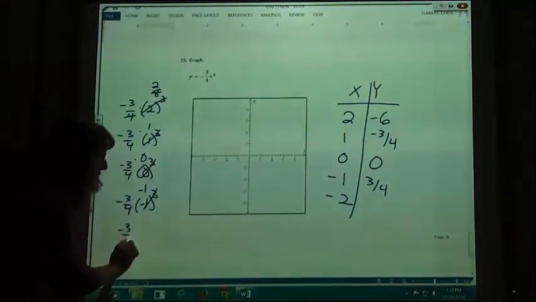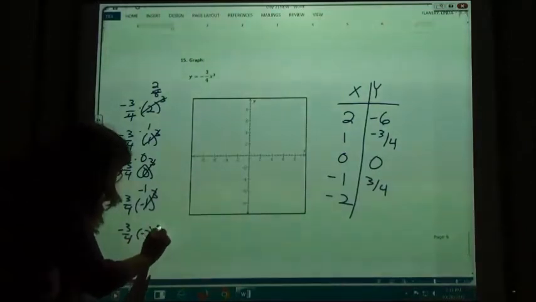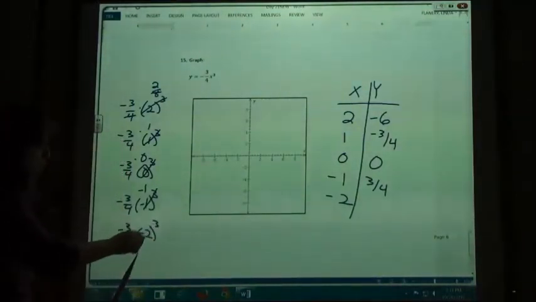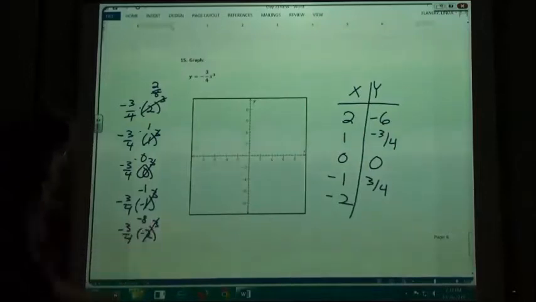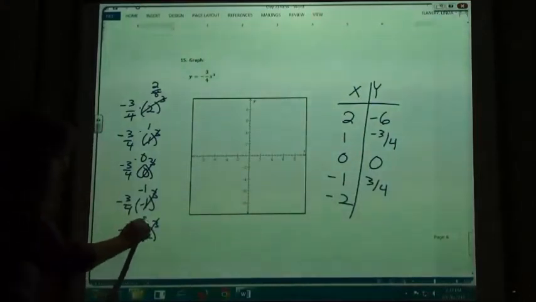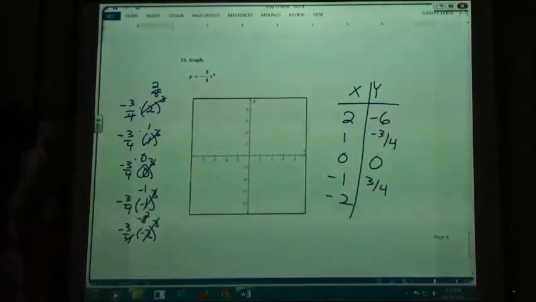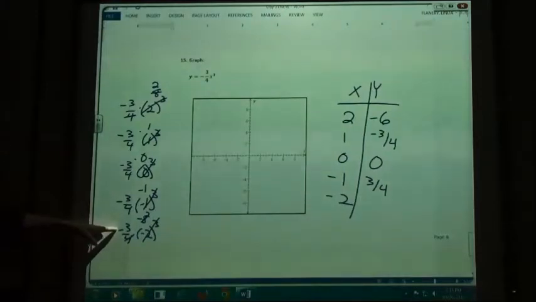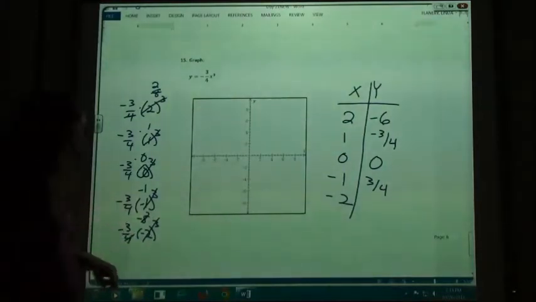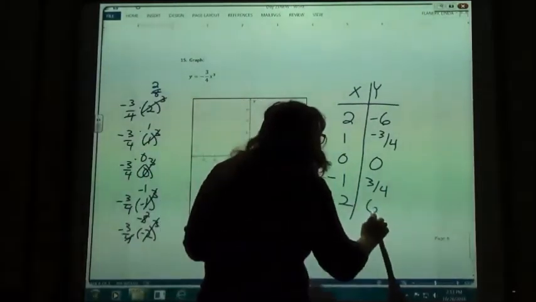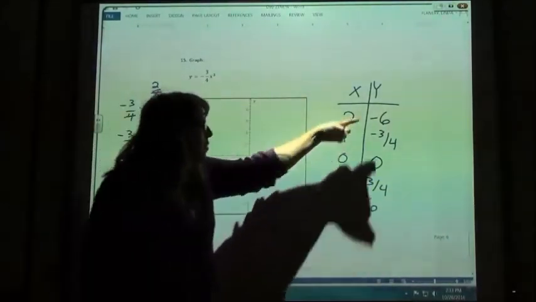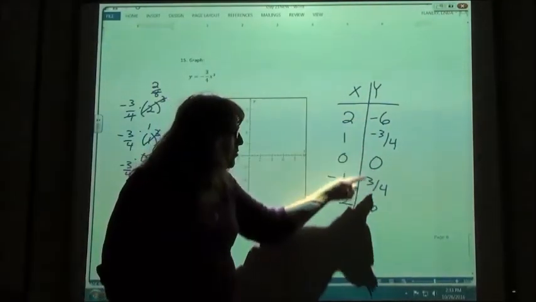And negative 3/4 times negative 2 cubed. A negative 2 cubed is negative 8. 4 goes in there 2 times, but I still have that negative sign. So I have a negative 3 times a negative 2. Negative 3 times negative 2 is positive 6. So again, these are opposites. Those are opposites.